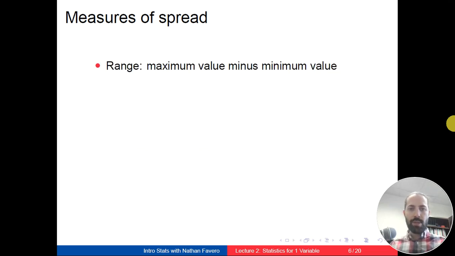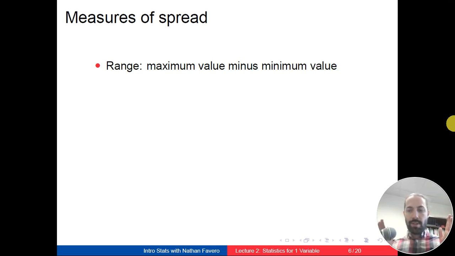So again, there are multiple measures of spread. One of them is just to give the range. Maybe we say the lowest earning household in this community earns $0, and the highest earning household earns $250,000 a year. That would be our range. We've just said what the smallest value is and what the largest value is.